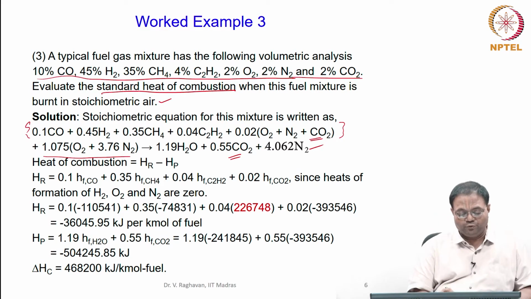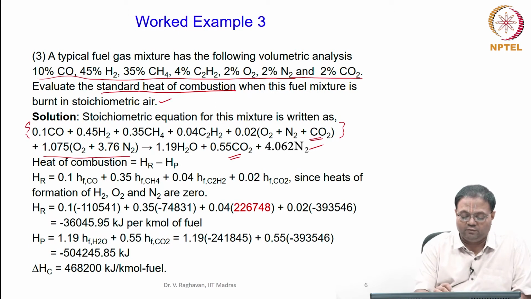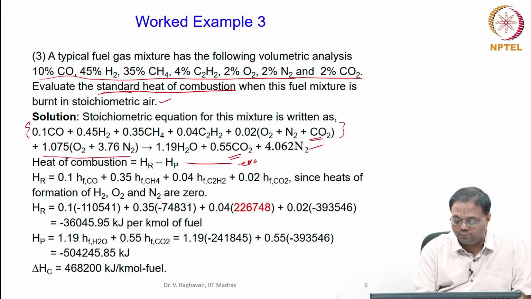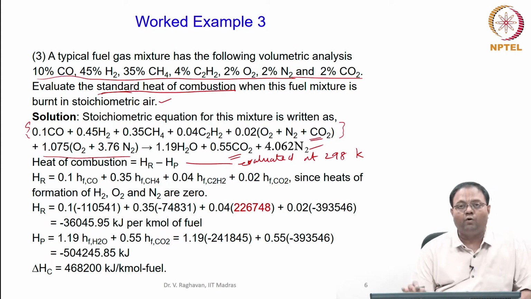Now find the HR. Please understand that if you want the standard heat of combustion, that means HR should be evaluated at 298 Kelvin. Okay, now that means the HFs are involved here.